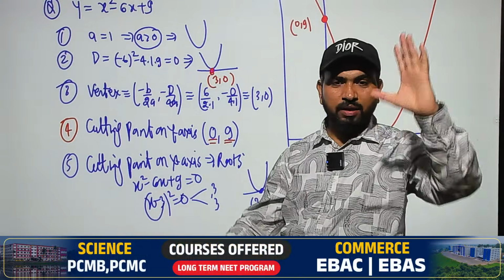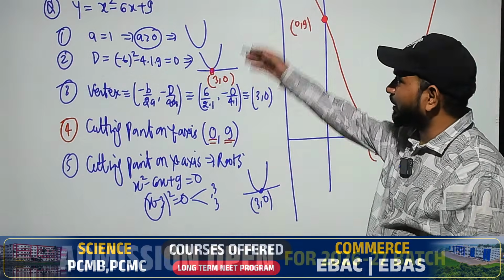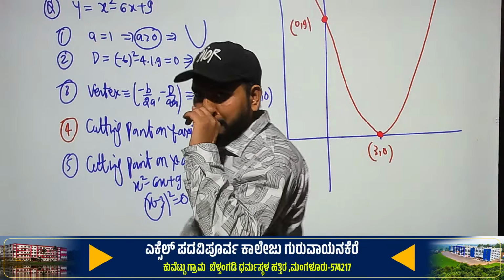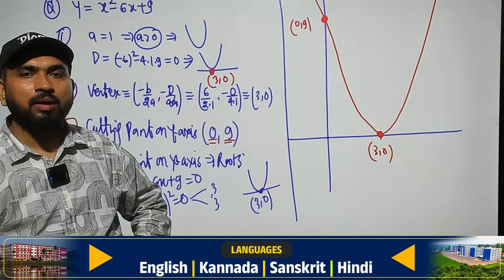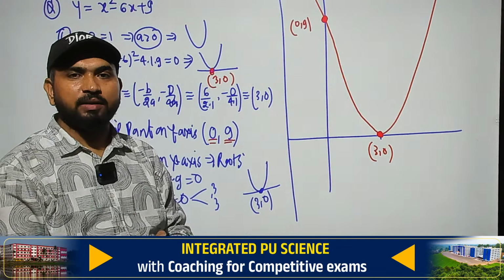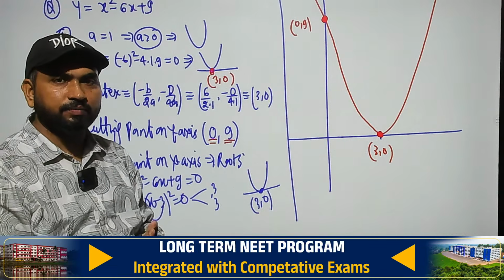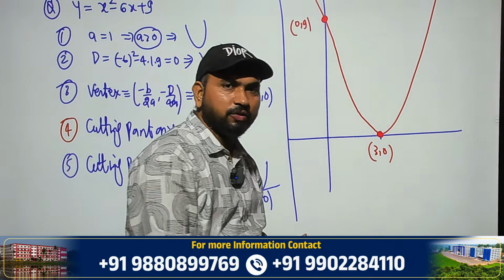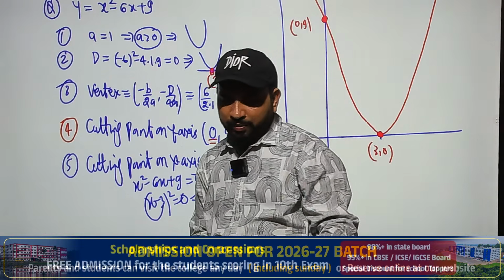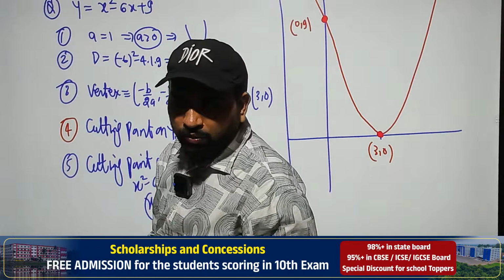When I teach competitive and Olympiad, I discuss all these things in the 10th class also. Okay, not studied. So now I am giving one more graph so that the point is also clear.